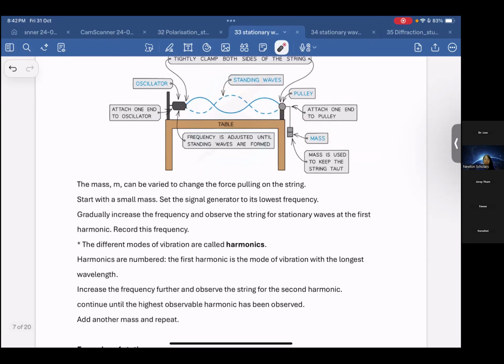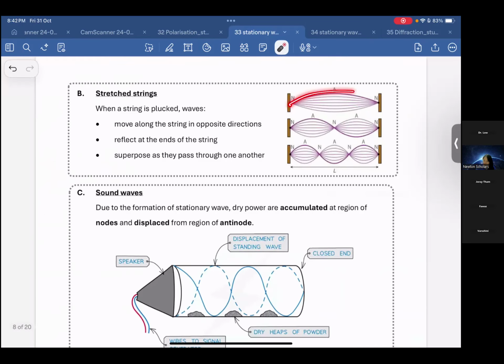We can either adjust the frequency or adjust the tension of the string so that we can get different modes. Later on you will see those different modes. This one is called first harmonic because the wavelength is very long, something like this. It's one complete wave.